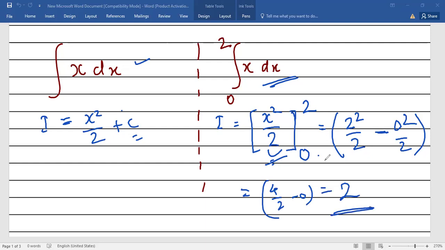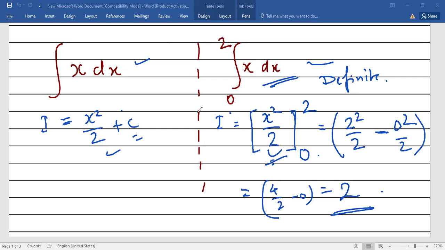So definite integration gives us the final result of 2, whereas indefinite integration gives us the answer in terms of x and the constant of integration. In definite integration, we do not have the constant of integration and we do not have the x variable. It is taken care of when we plug in the lower value and the upper value.